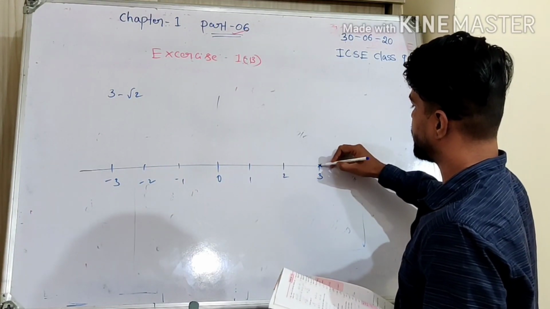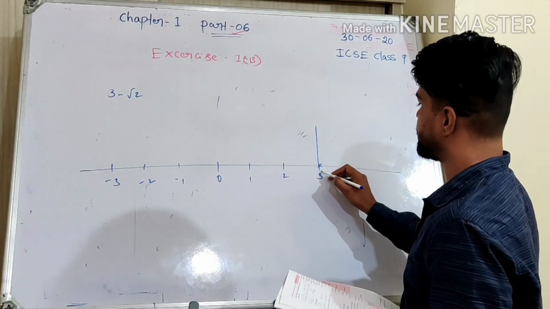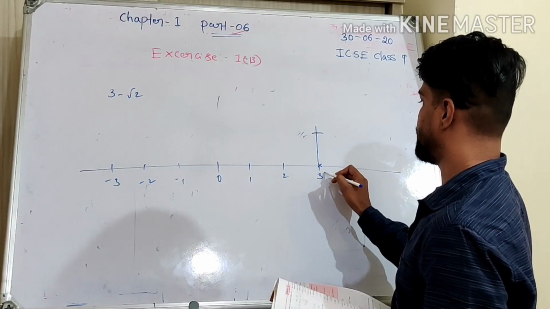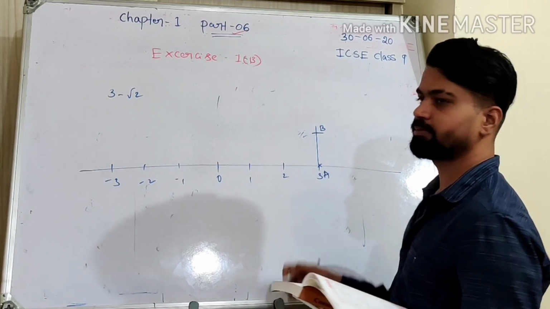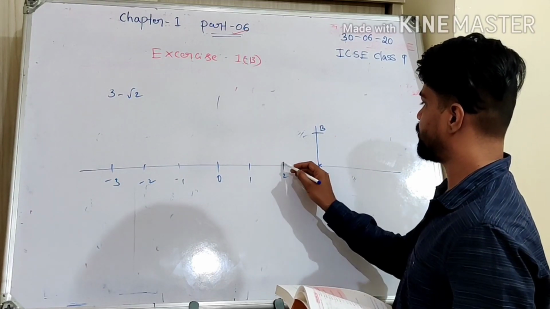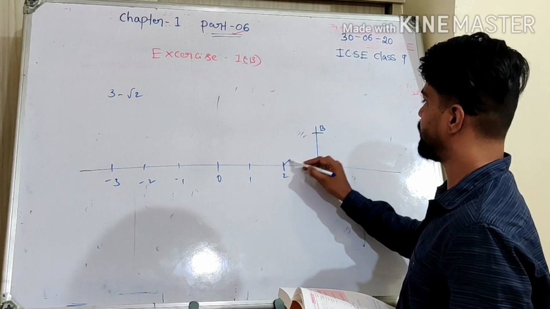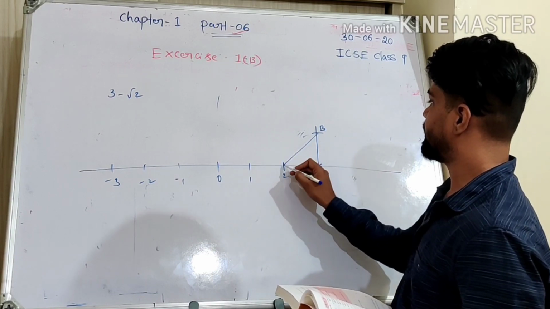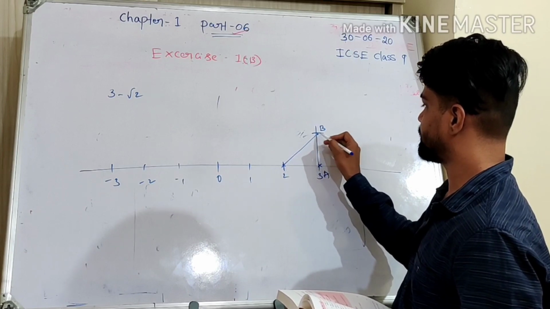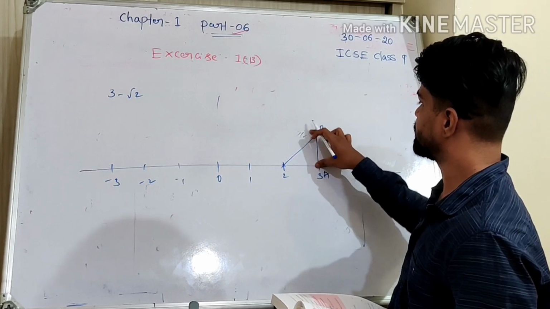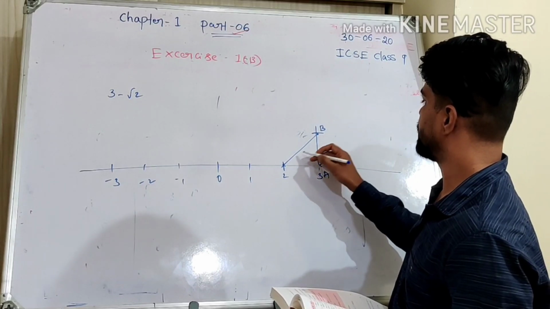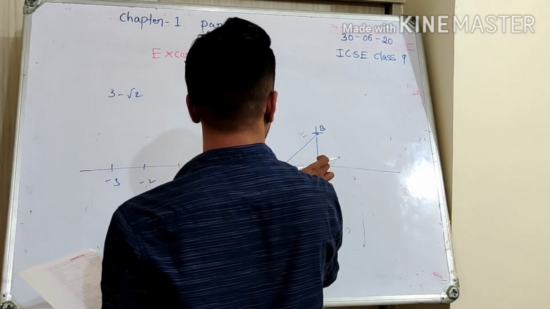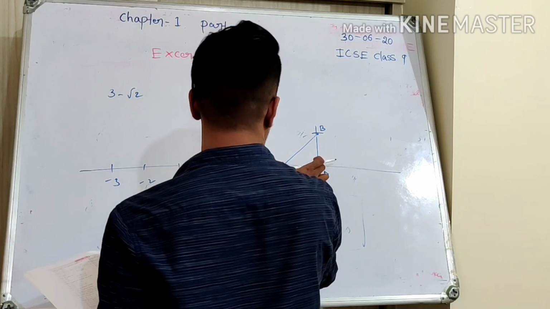So we need to draw a line perpendicular to this, taking this as a center, and I'll mark 1 unit. This is A, this is B. Okay. Now this is 1 unit, this is 1 unit. So we are going to join this. Then taking this as a length, this length has to be taken with the compass, and I need to take this as a center and mark it.